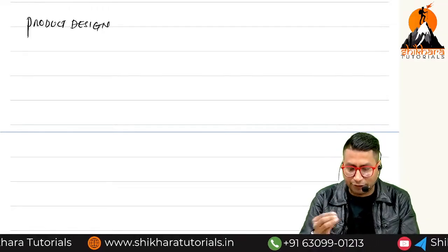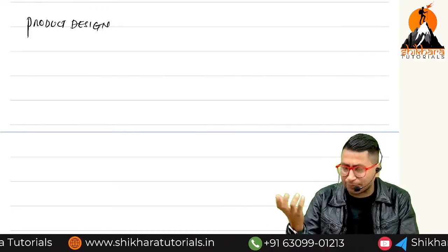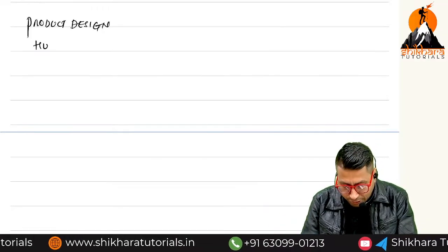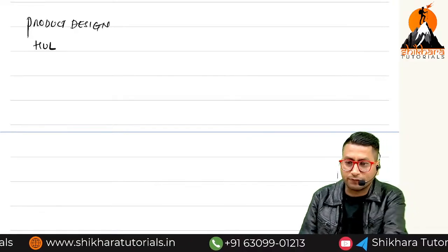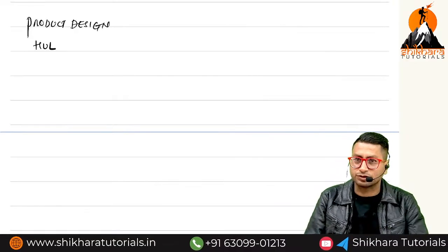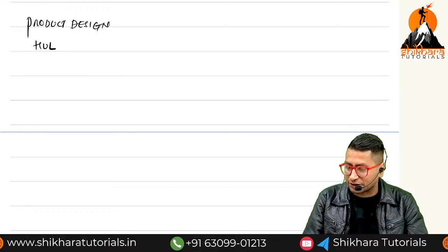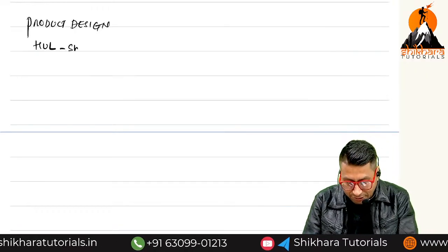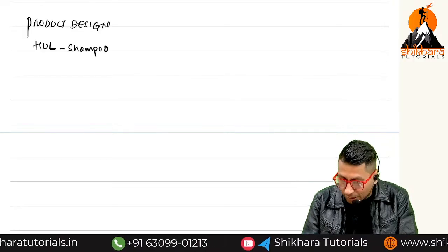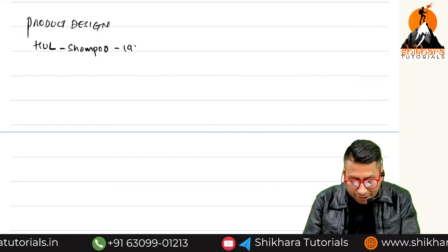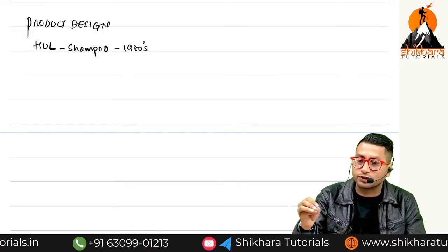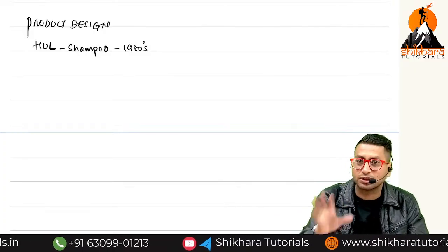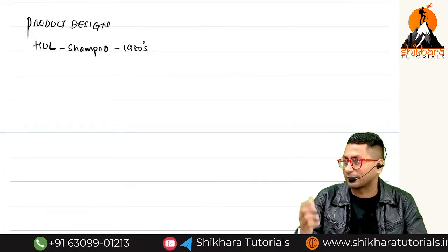Now let us take 2-3 examples. Hindustan Unilever Limited. I hope you have heard about this. It manufactures shampoos also, right? Earlier, in the 1980s, the concept of shampoo was introduced in India by Hindustan Unilever Limited only, like a proactive strategy.